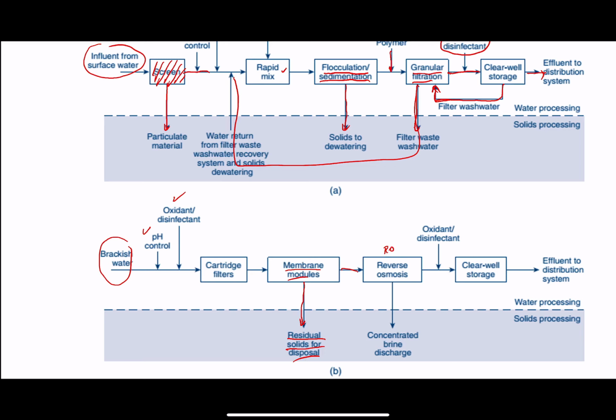Still, it's another membrane, but the pores are very tiny, very small. Anything that will be trapped by the membrane will be concentrated as brine, wasted or discharged. Later on, you'll have oxidation disinfection, and then it's stored in a clear well storage, and then to the public.